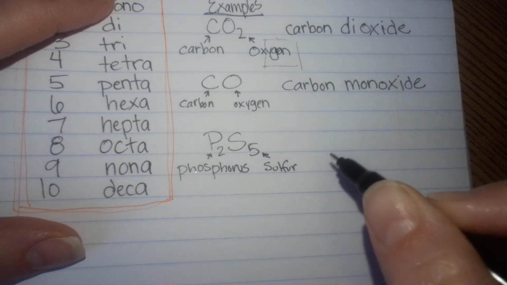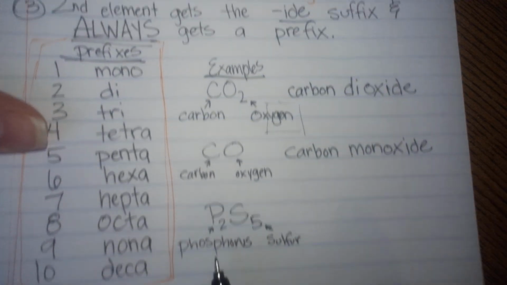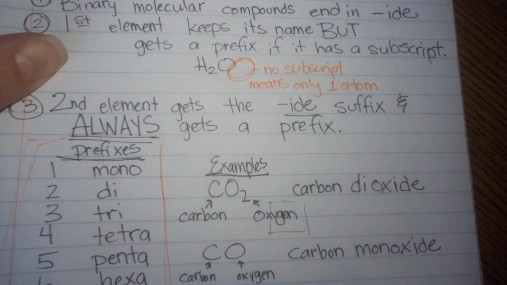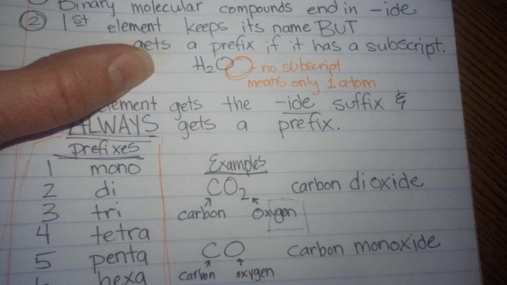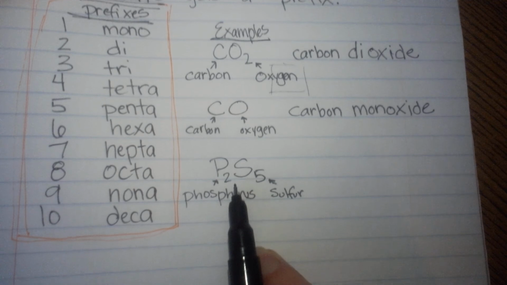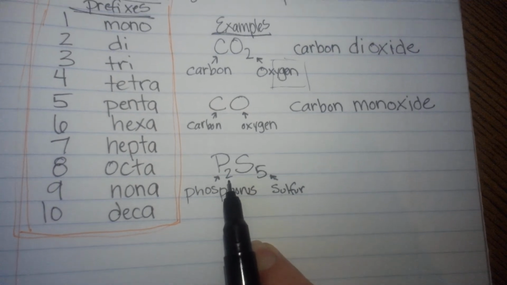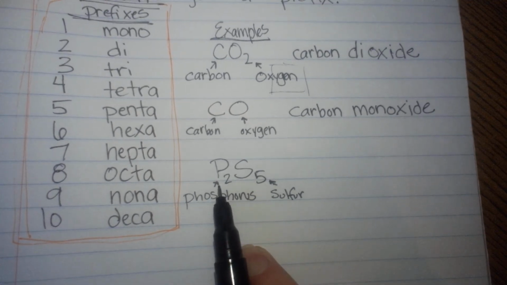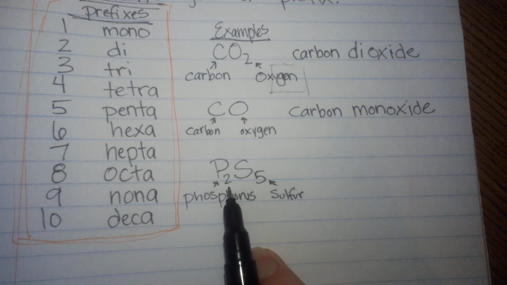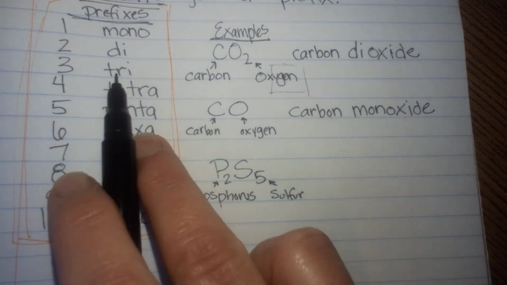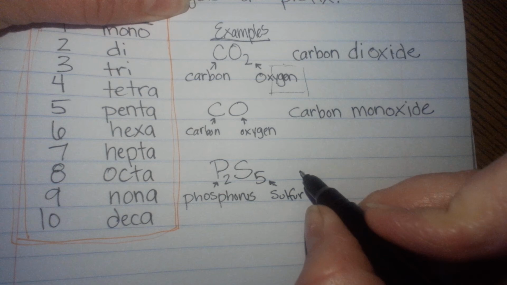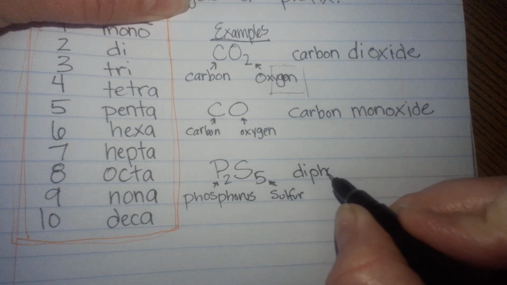Okay, so go back to my rules. The first element keeps its name, but gets a prefix if it has a subscript. Okay, well, I have a subscript here. So I have to give the first element a prefix. There's 2 of them. I'm going to use di. So I'm going to say diphosphorus.